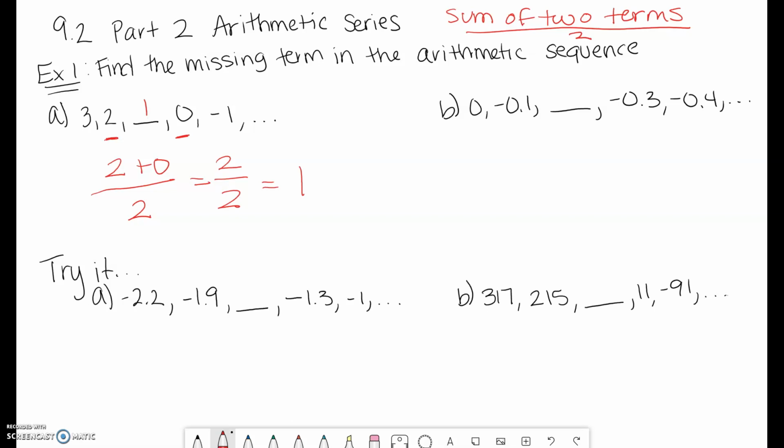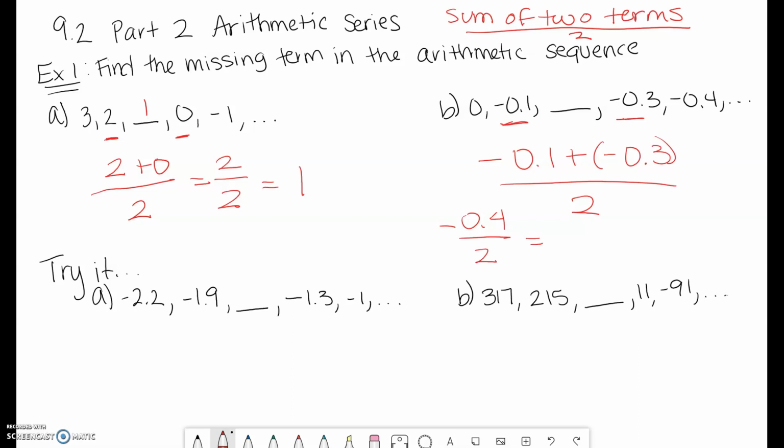Okay, and then the same thing over here. So take this term here, add them together. So negative 0.1 plus negative 0.3, and then divide by 2. And so this would be negative 0.4 divided by 2, which gives us negative 0.2.